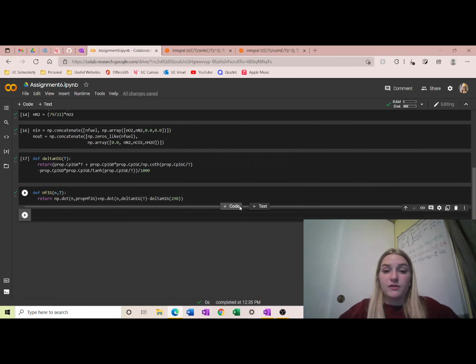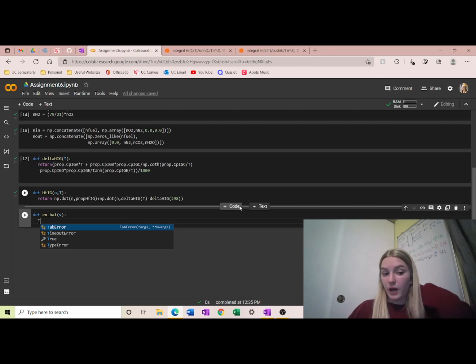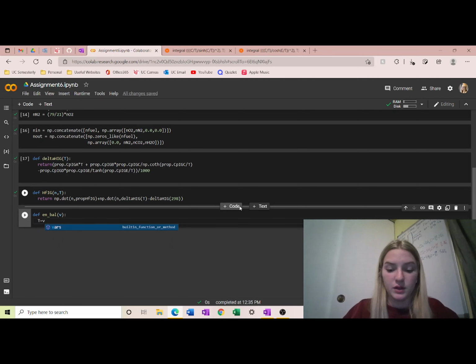So now we can find our energy balance equation, and we are going to define energy balance, and we are going to make this a vector. So we are just going to do V. Now we are going to find our temperature out, so we are going to have the temperature is equal to the array, or the vector, of 0.